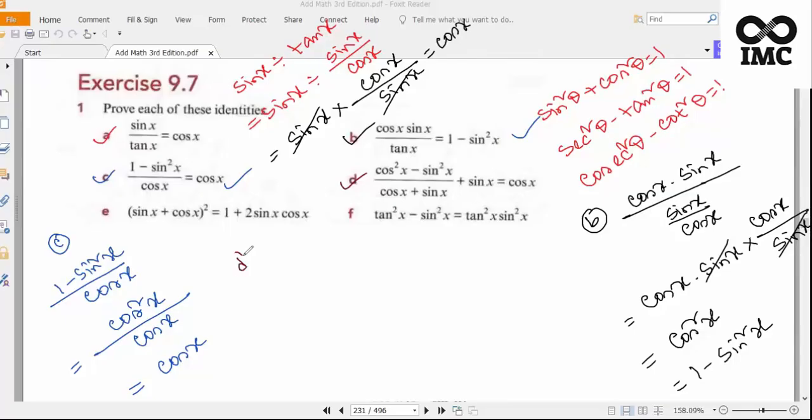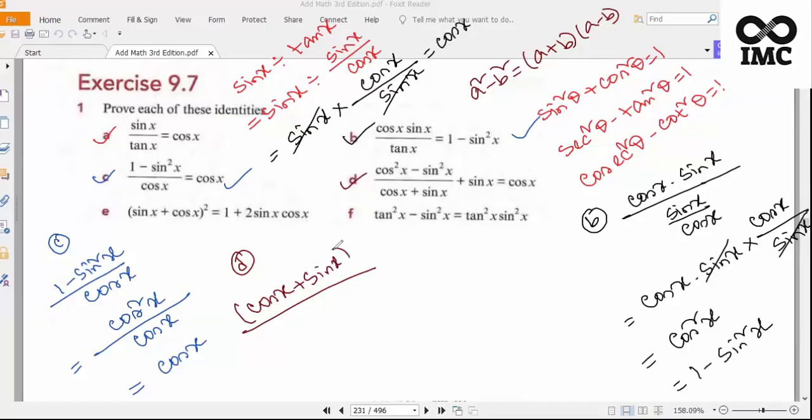Now, number D. Cos² x minus sin² x by cos x plus sin x. From the algebraic identity a² minus b², it can be written as a plus b into a minus b. So instead of cos² x minus sin² x, we can write cos x plus sin x into cos x minus sin x, and the denominator is cos x plus sin x.